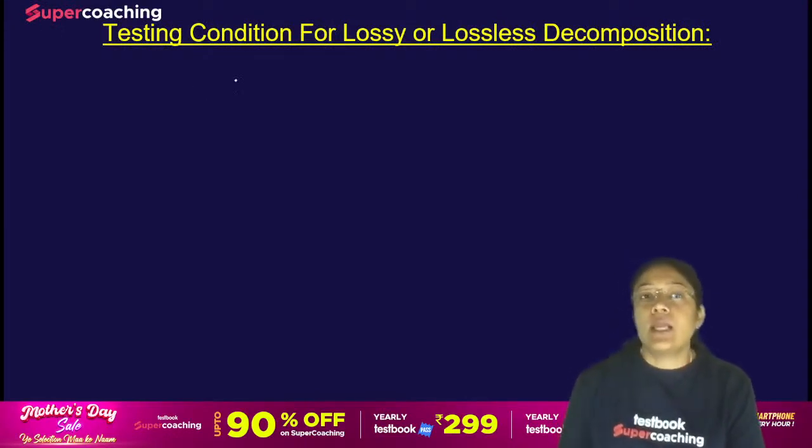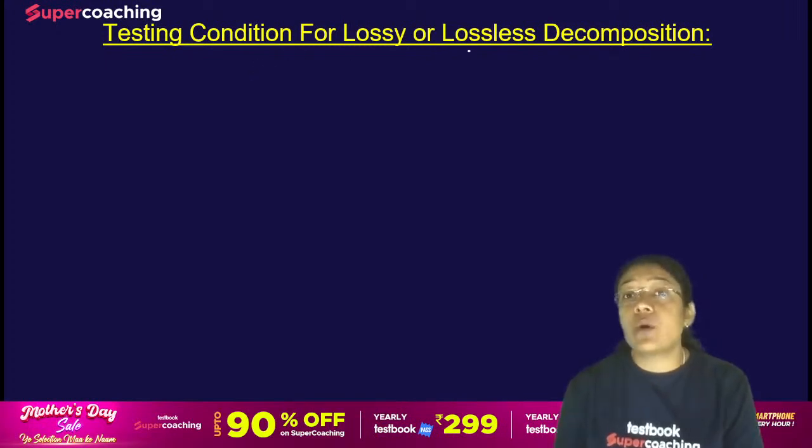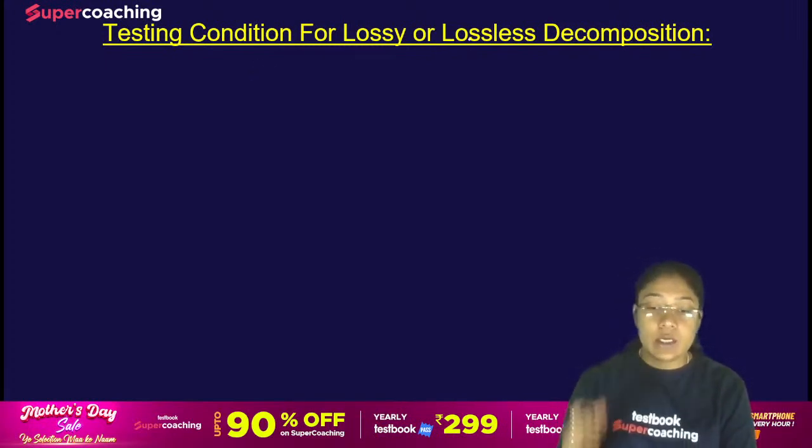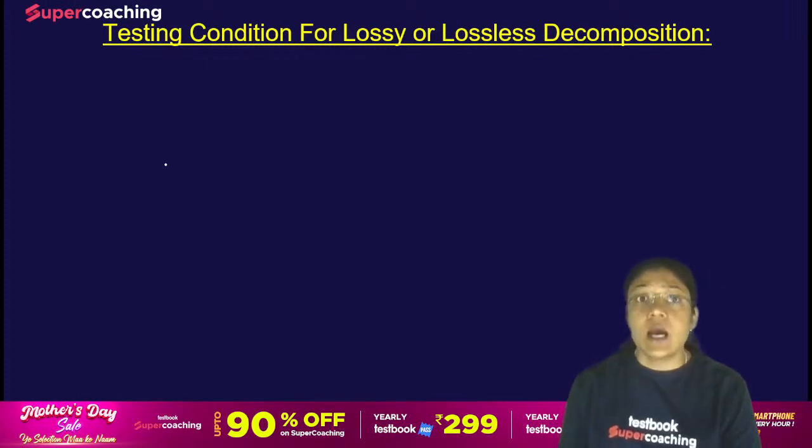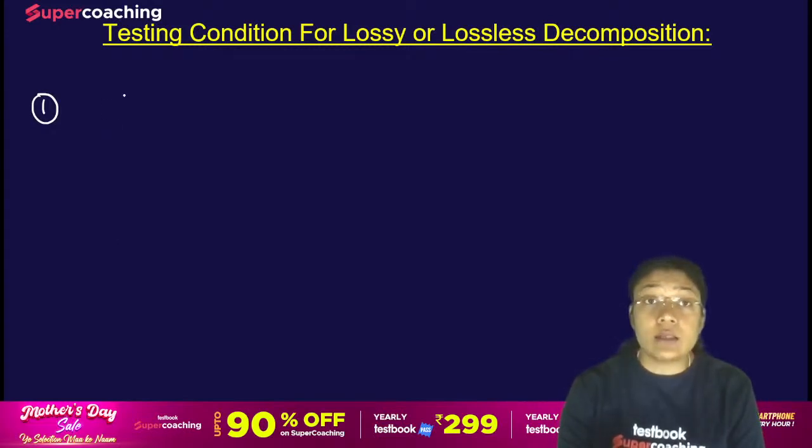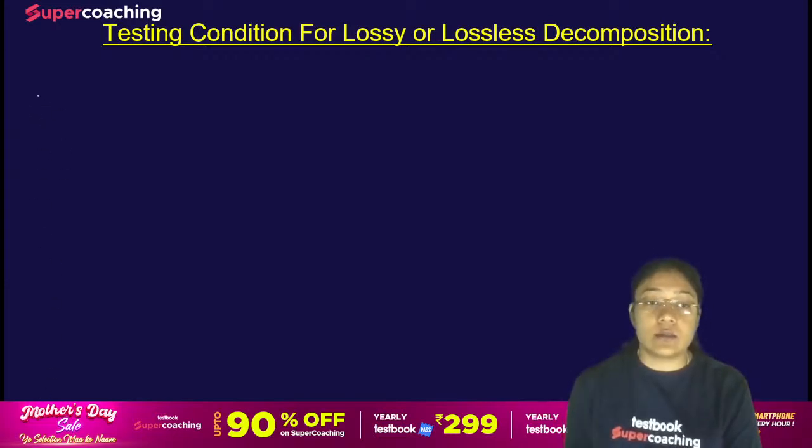All right. So let's talk about the condition for lossy or lossless decomposition. Now we have just discussed the concept. So first of all, what should be the condition? So basically there are three conditions. First one is, the decomposition should cover, or let's understand this in more detail. Let us assume that the relation R is decomposed into two sub-relations R1 and R2.